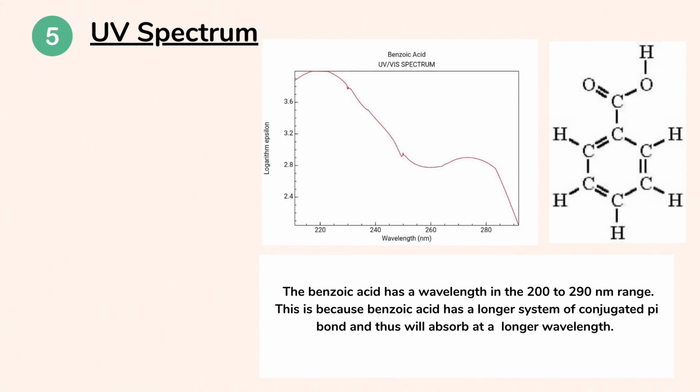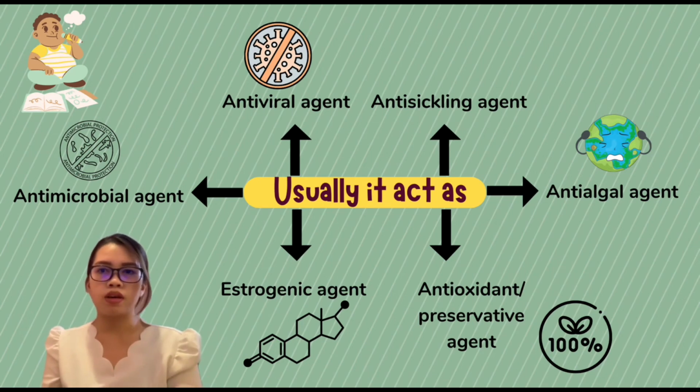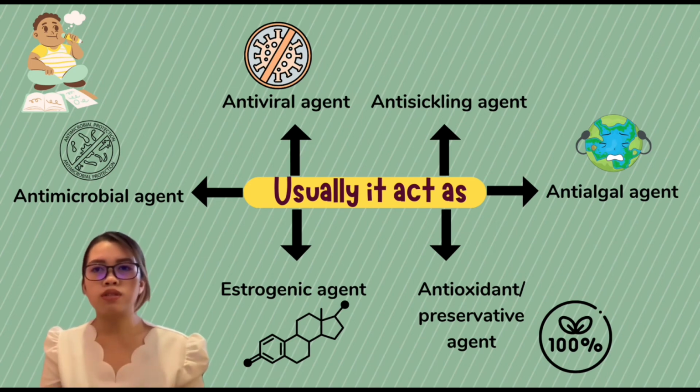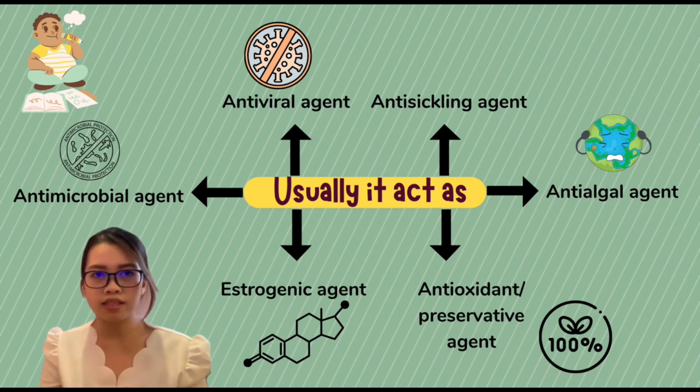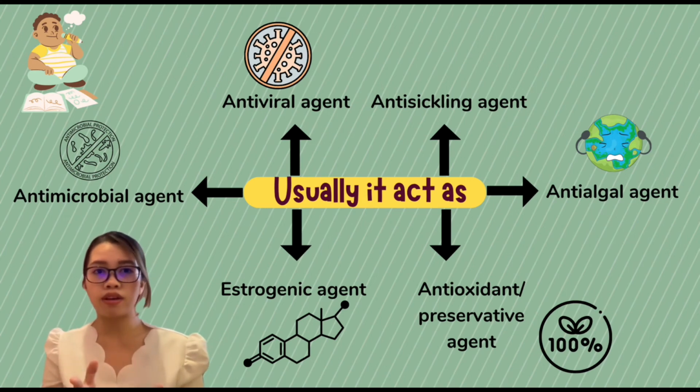Now we move to the next part, which is the biological activity of benzoic acid. It has 6 biological activities that we have found. The first one is antiviral agent, second anticycline agent, third anti-gel agent, fourth antioxidant or preservative agent, fifth estrogenic agent, and the last one is antimicrobial agent.